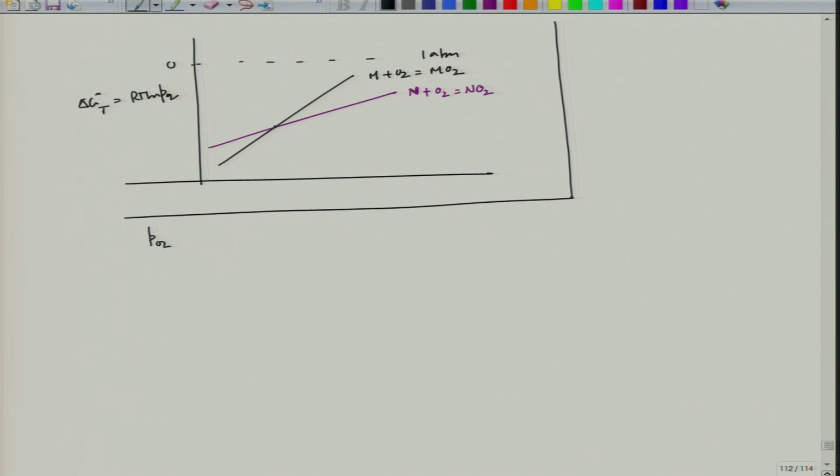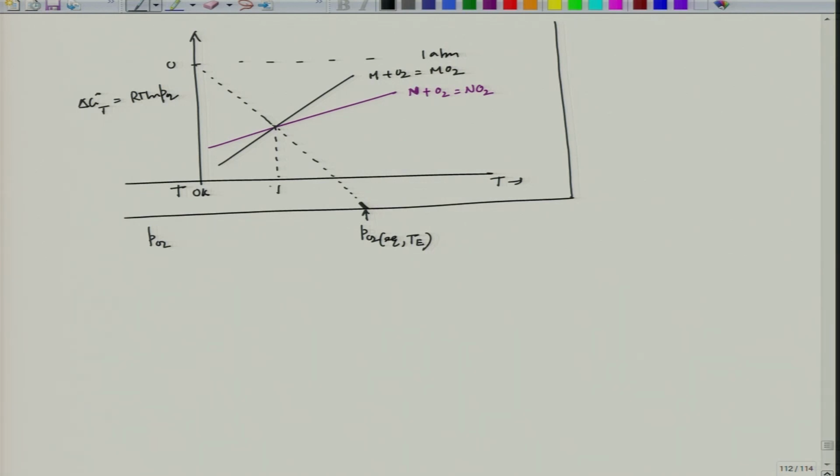Now, at this point, if I connect and extend, I will see that this is touching this particular point, and this indicates PO2, let us say, and this equilibrium TE. So, let us say this is the temperature axis, 0 K, this is temperature axis, fine.